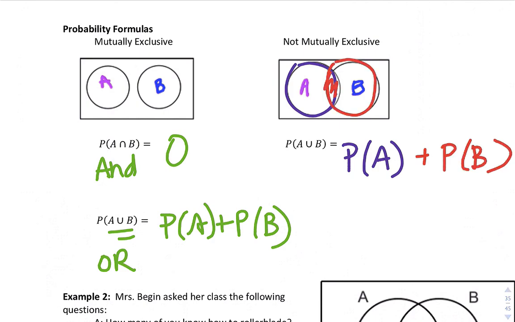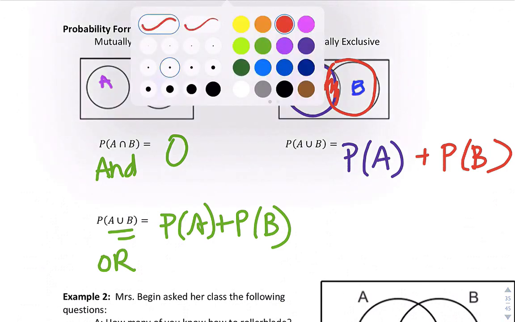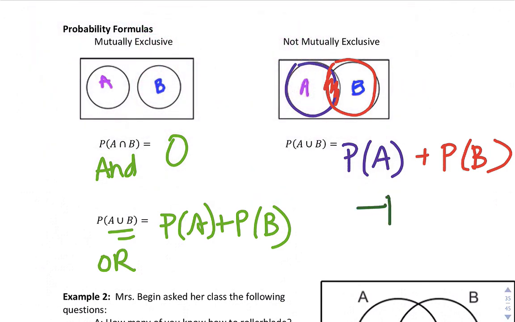But look, we've counted this part twice, so we have to subtract the probability of A and B. So A or B is everything: the probability of A plus the probability of B, but then there's overlap, so subtract the middle.